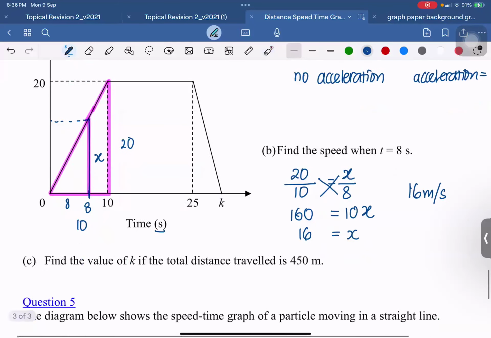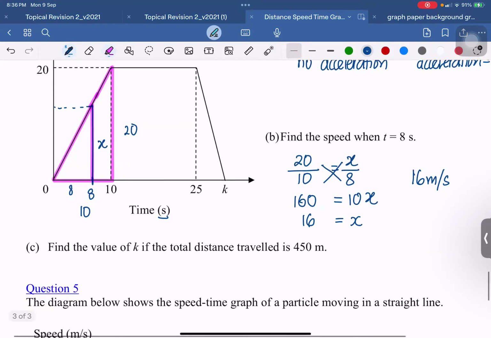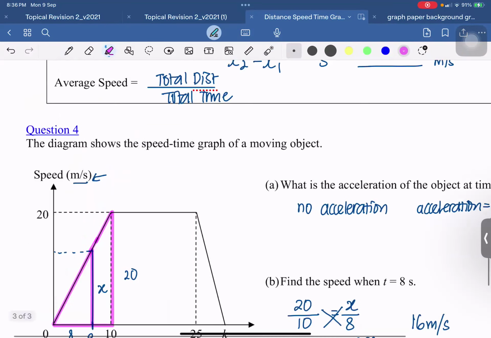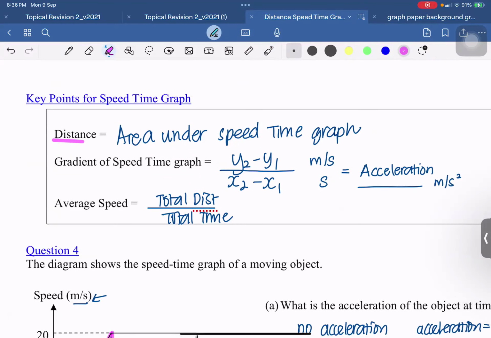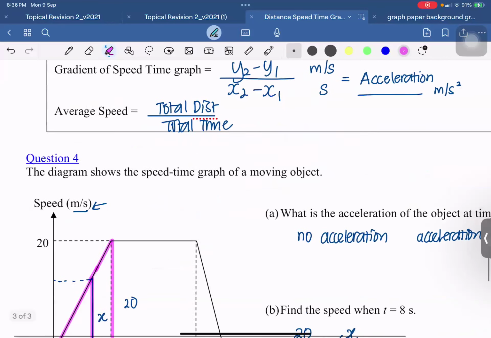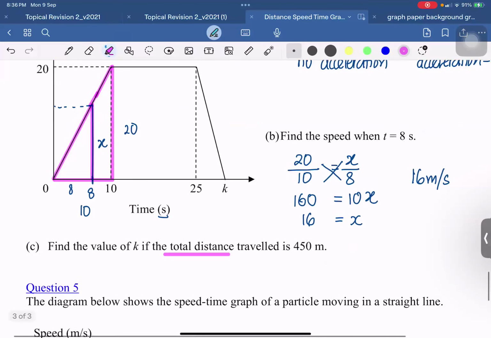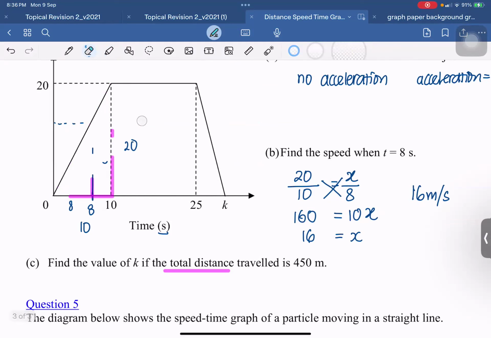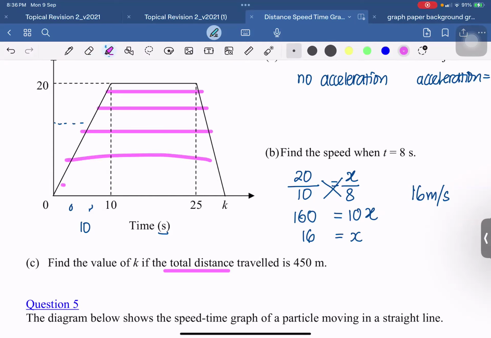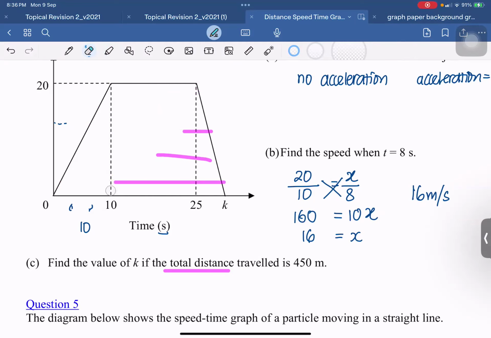The next one, find the value of k with total distance. How do we find distance? Distance is the area under the speed time graph. They tell you the total distance traveled. So it is the area under the whole shape here, right? What is the name of this whole shape?